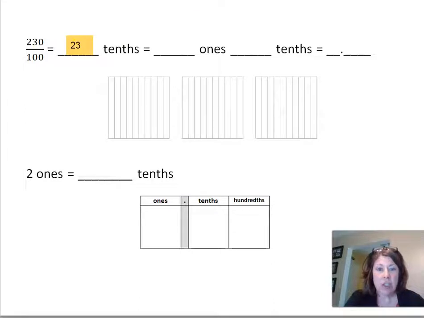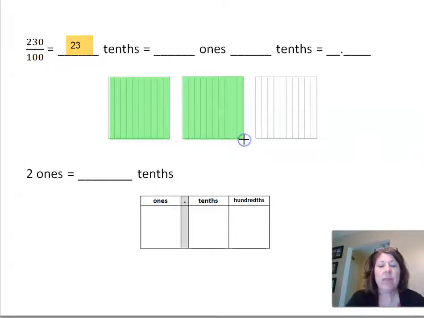Now, if I shade 23 tenths, there's 10 tenths, there's 20 tenths, and I need another 3.